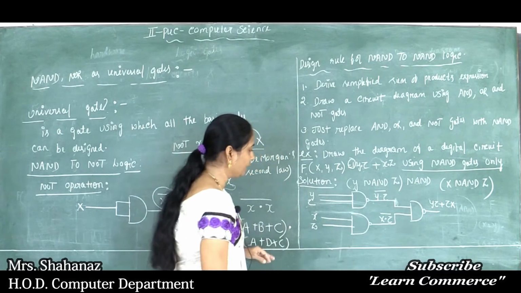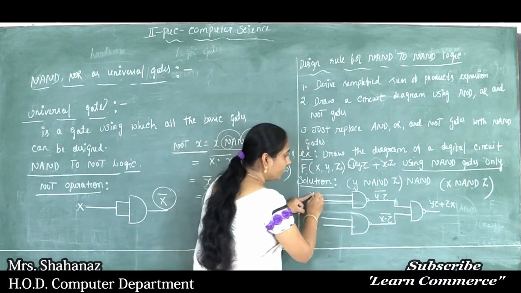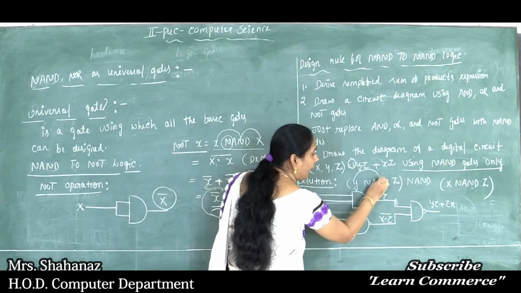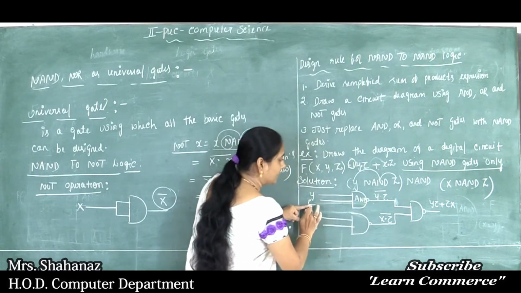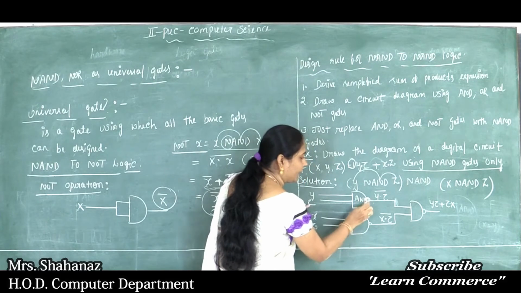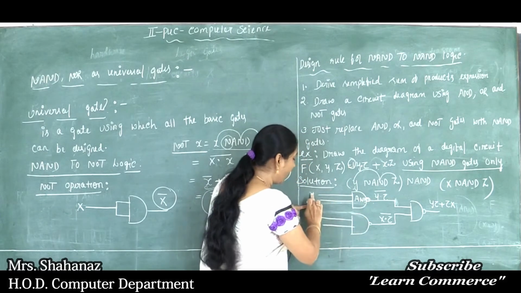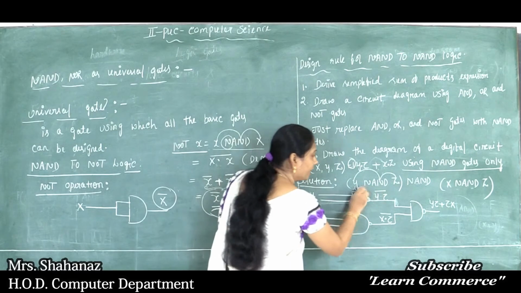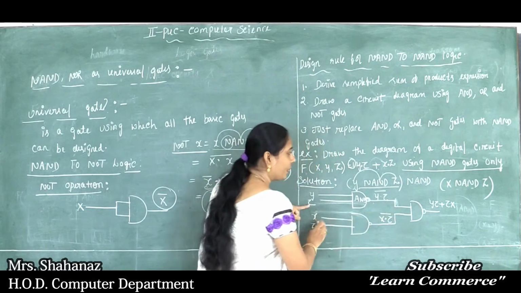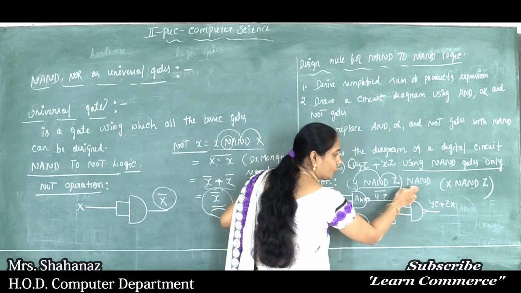Now the diagram. Y and Z, Y and Z, and a NOT symbol is there. Clear this point here? Now we completed this one. Okay. Now next one, again going to connect to the NAND.